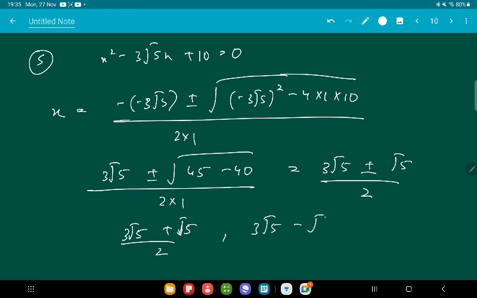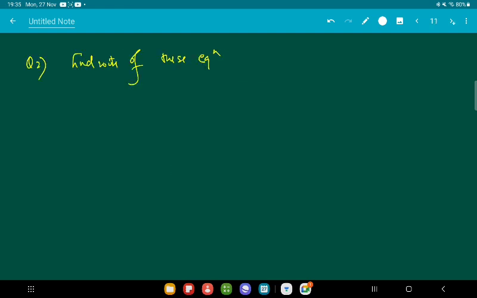The second one will be like this. When you solve it, you will get 2 root 5 and root 5. These are the roots of your given quadratic equation. Okay.